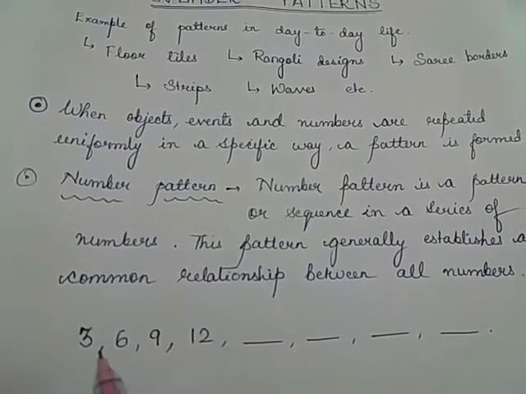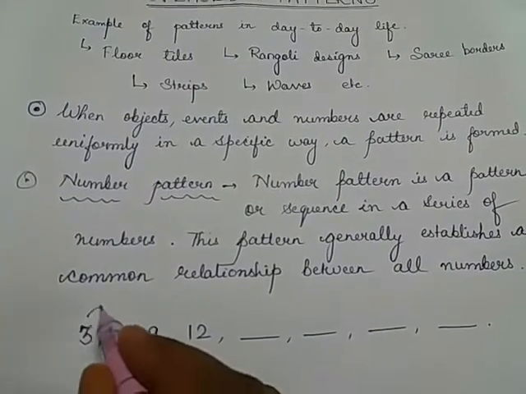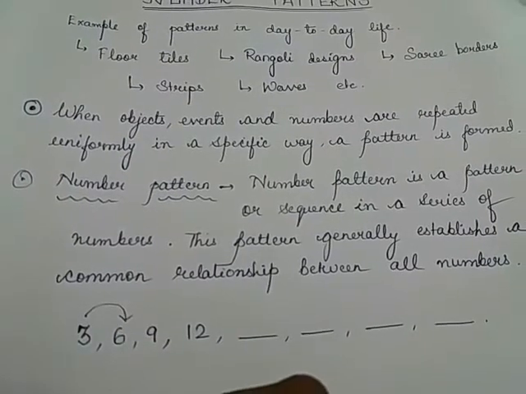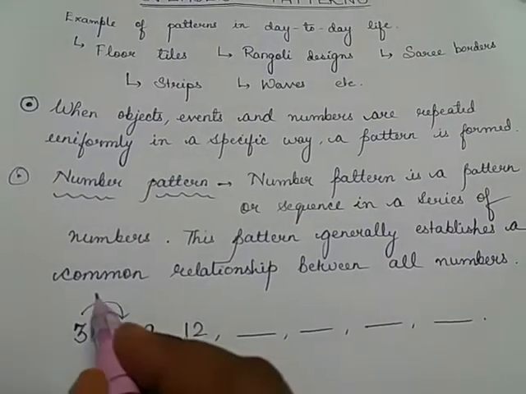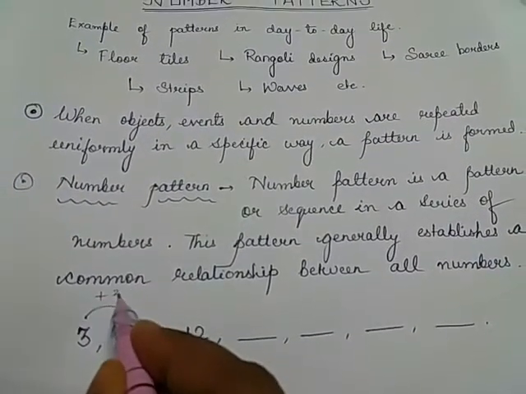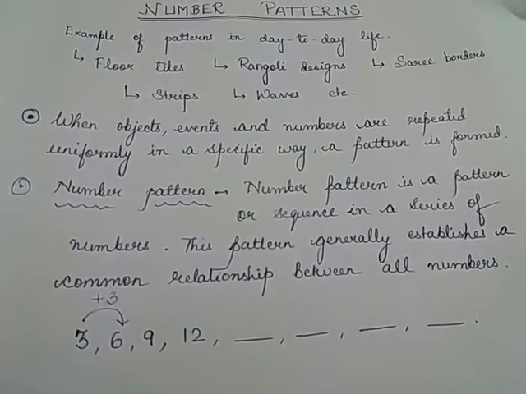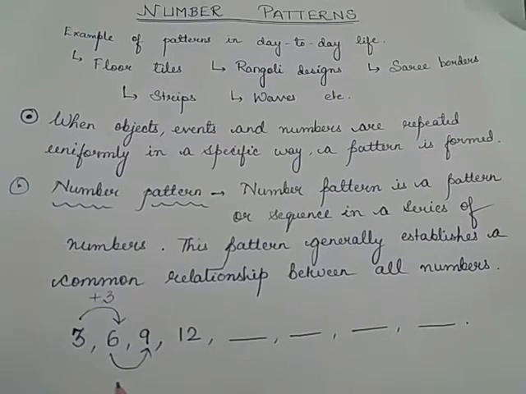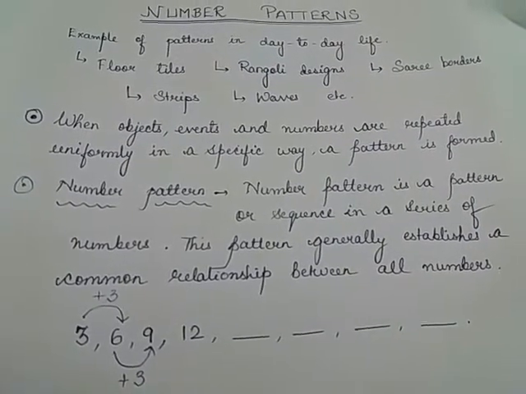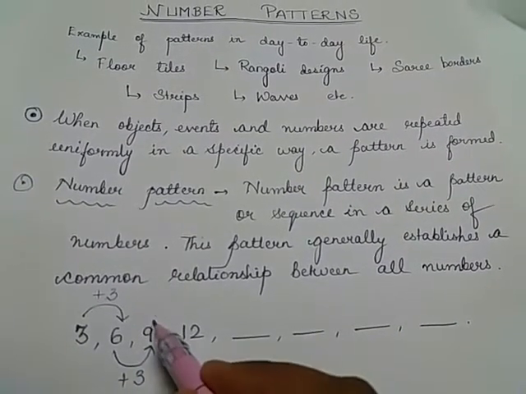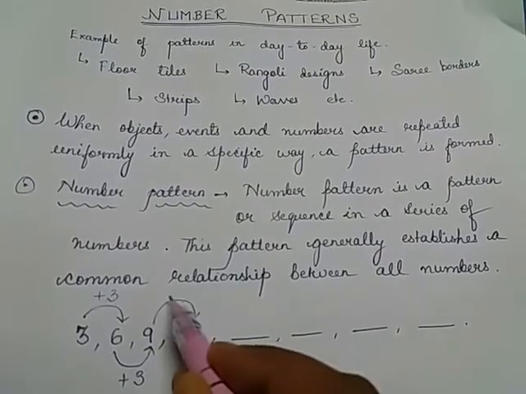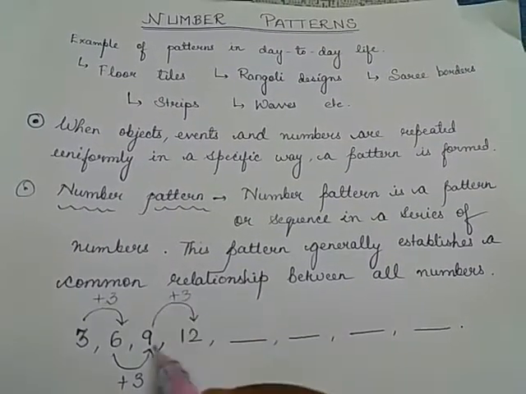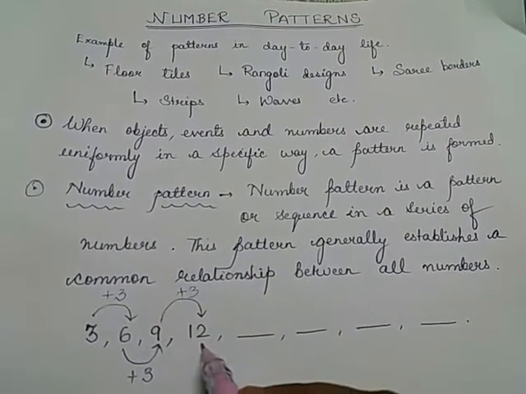From 3, if we want to go to 6, what exactly are we doing? If we count, we will get that we are adding 3 in this step. Again from 6, if we go to 9, again we are adding 3. From 9 to 12, if we count, we will get we are adding 3 to 9, then only we are getting 12.